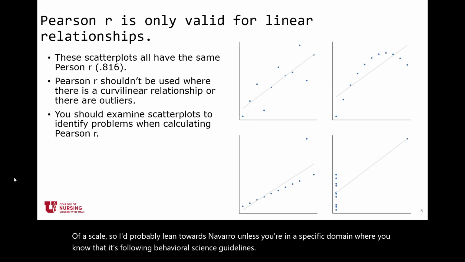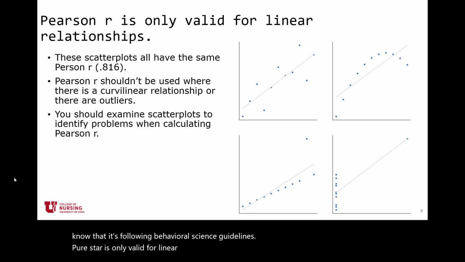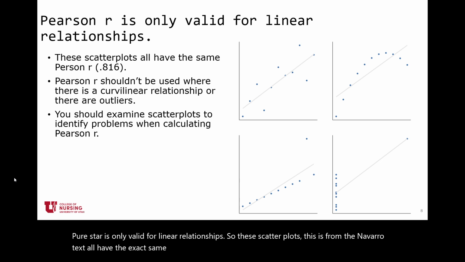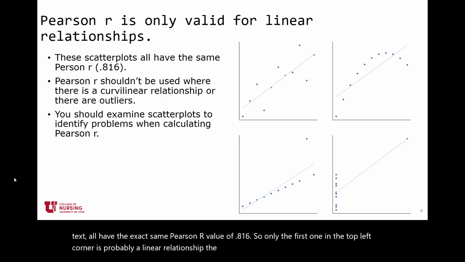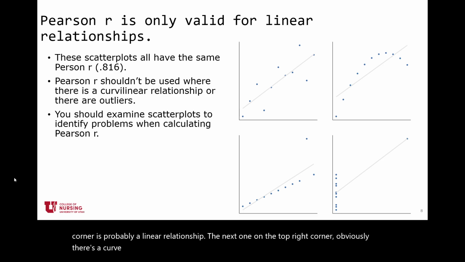Pearson R is only valid for linear relationships. So these scatter plots, from the Navarro text, all have the exact same Pearson R value of 0.816. Only the first one in the top left corner is probably a linear relationship. The next one on the top right, obviously there's a curvilinear relationship there, and this correlation wouldn't be really appropriate for that.